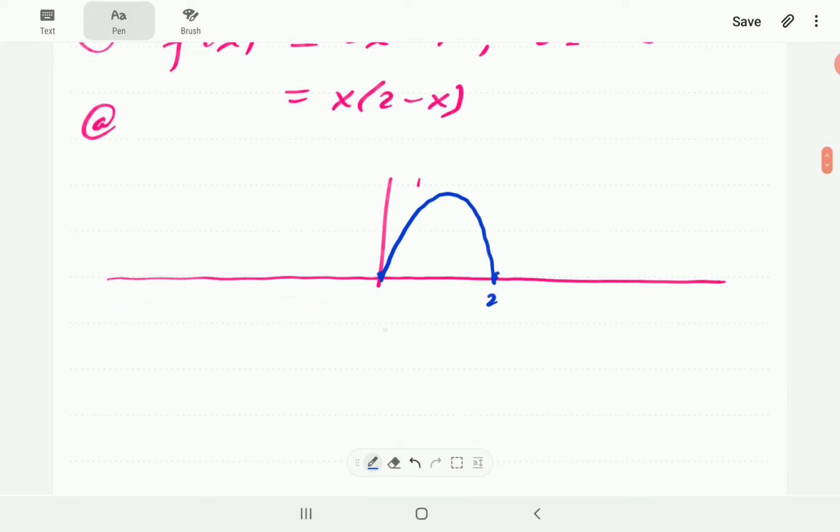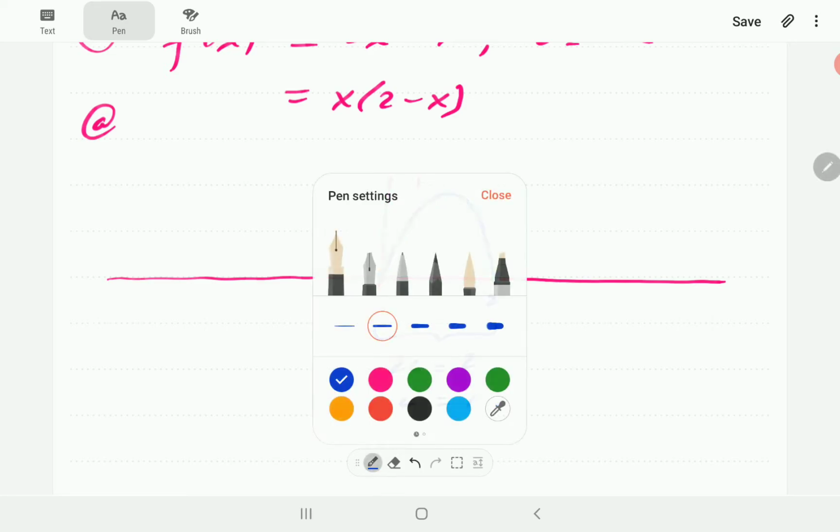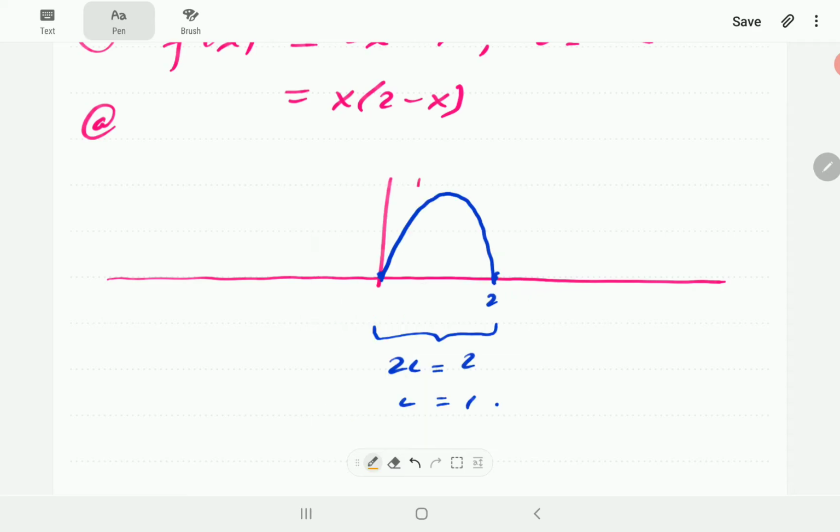In terms of the framework, our period 2L is equal to 2, so that means L is equal to 1. In terms of the periodic extension, on the right hand side, on an interval of 2, from 2 to 4, we're going to reproduce exactly the same shape, and then from 4 to 6, exactly the same shape.